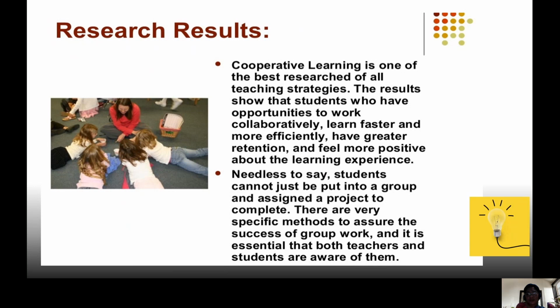There are very specific methods to ensure the success of the group that it is essential both teachers and students are aware of. So it is very evident that cooperative learning is very effective as a teaching strategy or method in delivering our lesson.